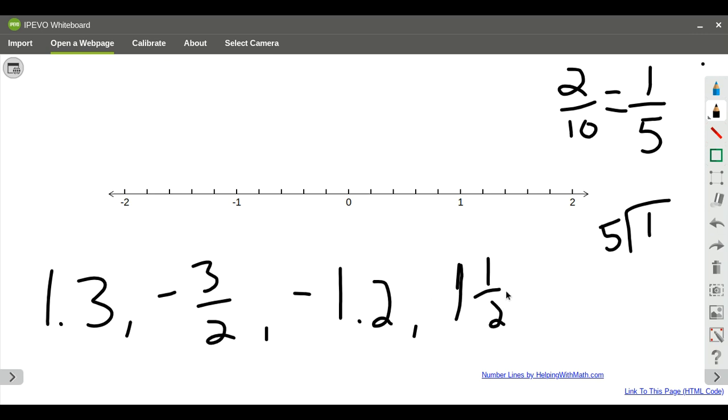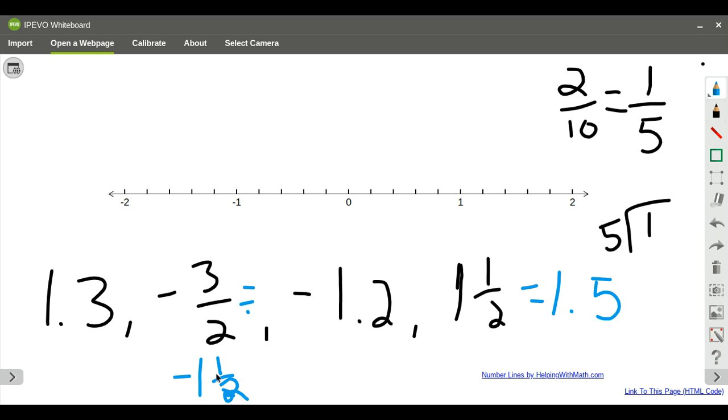So I know that 1.5 in decimal form is going to be equal to 1 and 5/10. And then if I do -3/2, I'm going to say, okay, 2 goes into 3 one time with 1 left over. So I really have -1 1/2. That makes it easy to see.